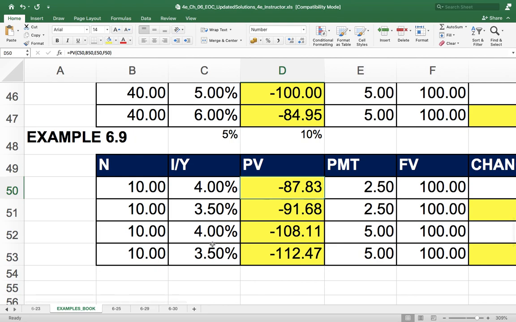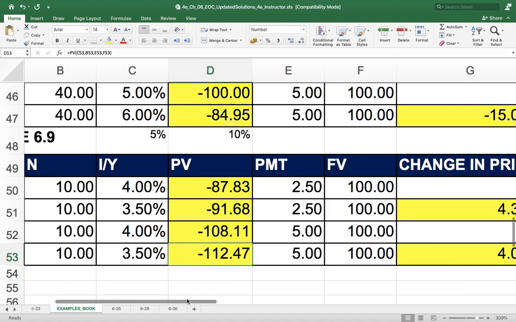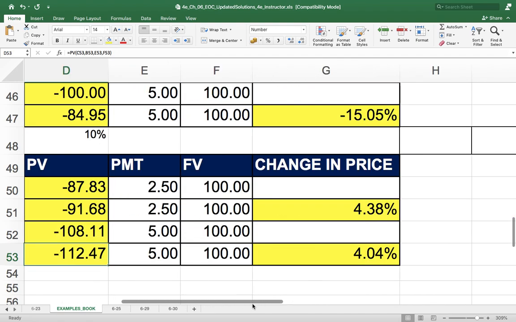Same for the 10% coupon bond: at 8% YTM, the price is 108.11. When the YTM became 7%, the price increased to 112. Now let us see where the percentage increase is high. In the case of the 5% coupon bond, the percentage change in price is 4.38, whereas for the 10% coupon bond, the percentage change in price is 4.04.